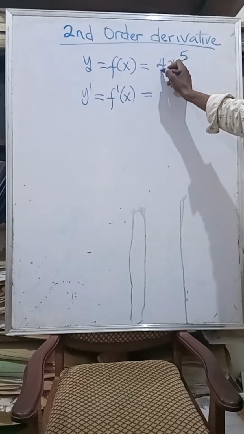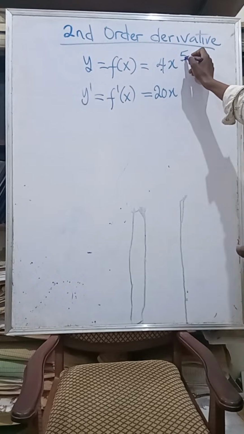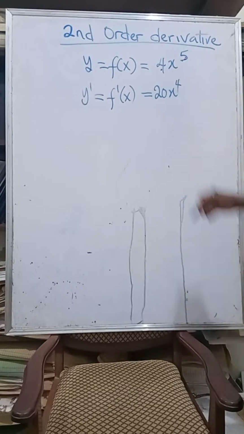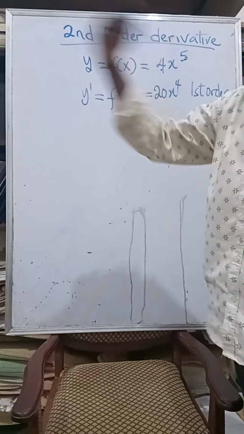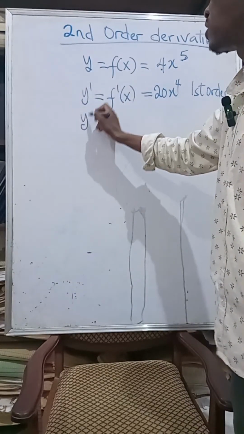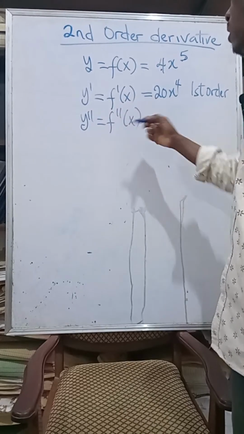Equal to what? 4 times 5 is 20, and then 5 minus 1, 4. So this is the first order derivative. For the second order, you repeat the process again and differentiate a second time. It depends on what you are using.